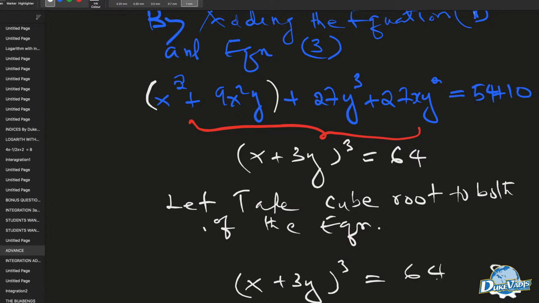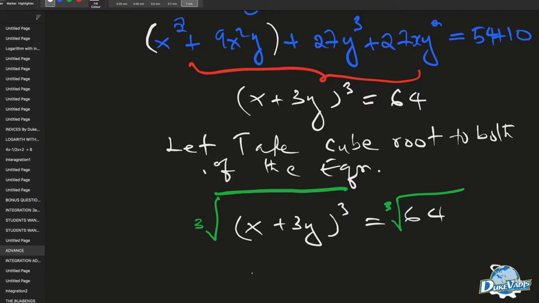So when we take cube root, this one will be cube root of the whole of this, and this will be cube root of this. And we all know that since we have x plus 3y raised to the power of cube, the equation will be x plus 3y equals 4.